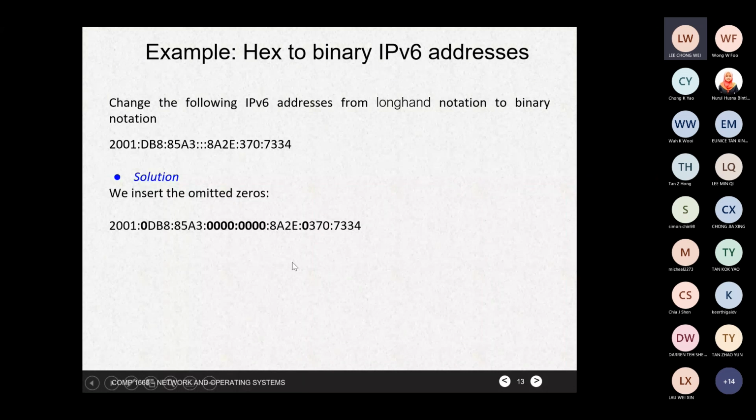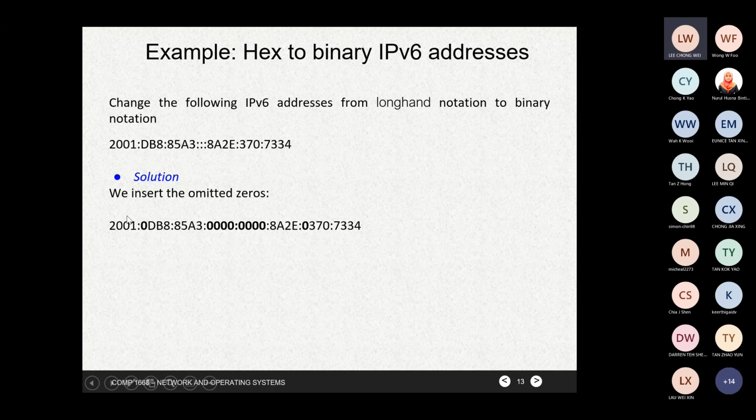Then you continue with 8A2E, 0370, you add on a 0 to make it 16 bits, then 7334. So you have 1, 2, 3, 4, 5, 6, missing 2 groups. So you add on the 2 groups over here, all zeros. So this is a complete IP version 6. This is an incomplete IP version 6. This is longhand.